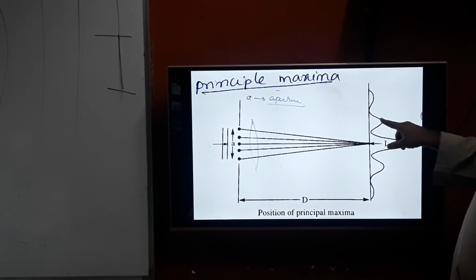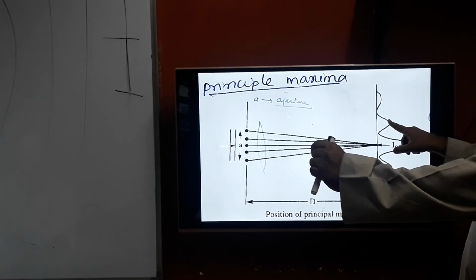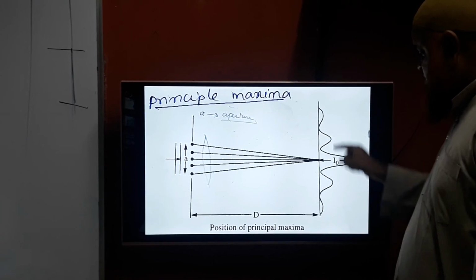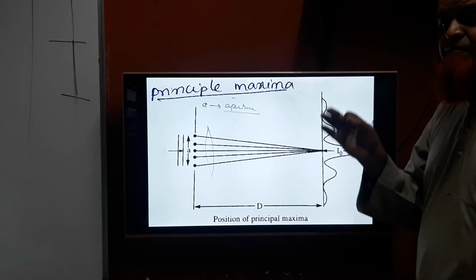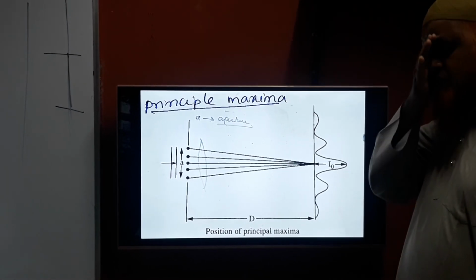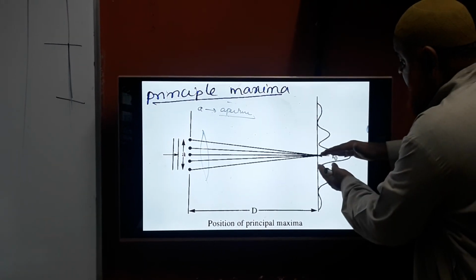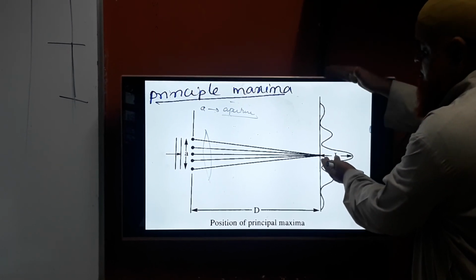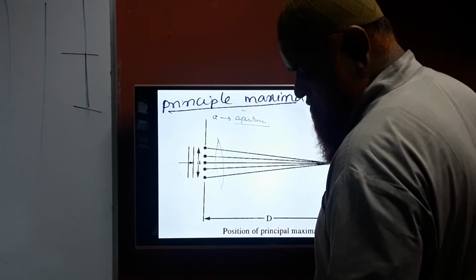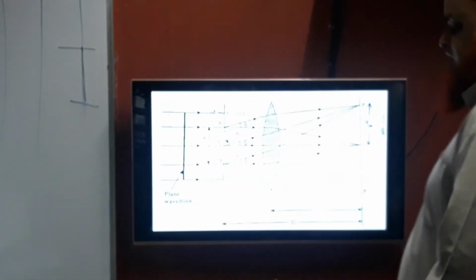This is the first bright fringe, this is the second dark fringe, and then the second bright fringe. This is called the central bright fringe, or principal bright fringe. So slowly the intensity decreases from the middle to the extreme points. This is about the diffraction pattern.